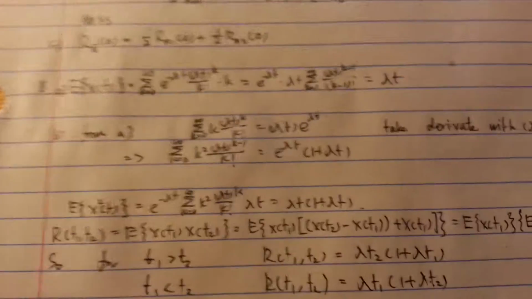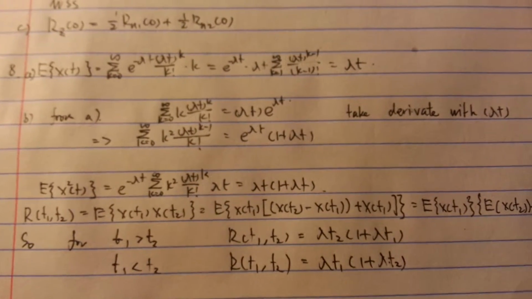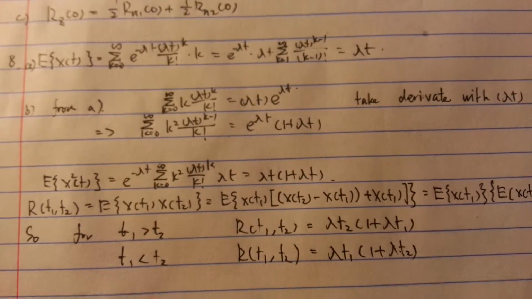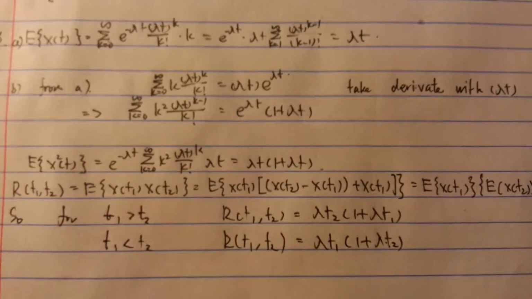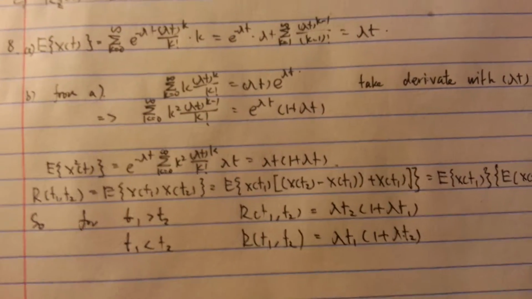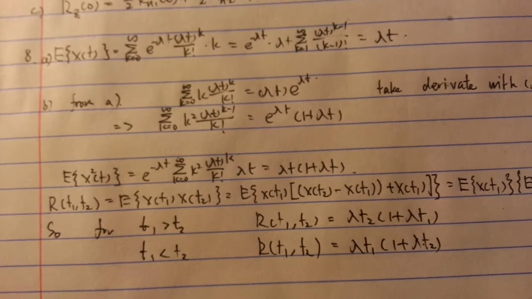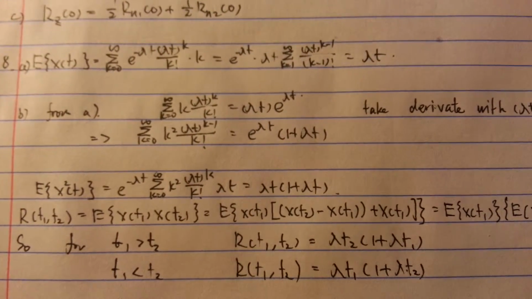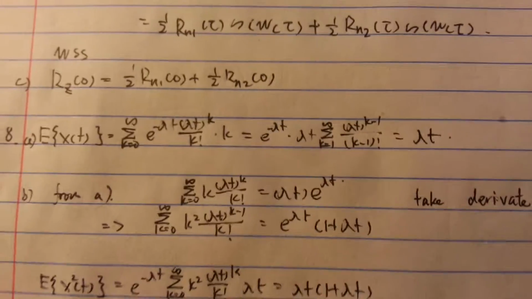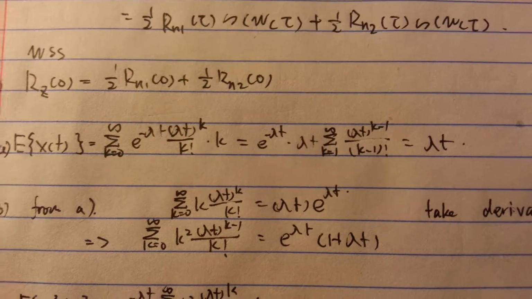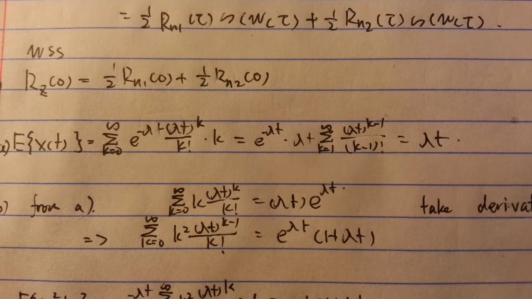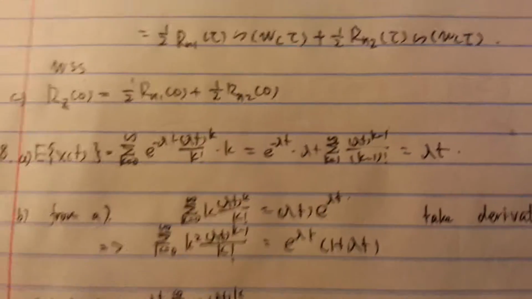And problem 8 asks us to calculate the expectation and the autocorrelation function of a random process following the Poisson distribution. First, we need to calculate the expectation, and what we do is just like what lecture 3 did.